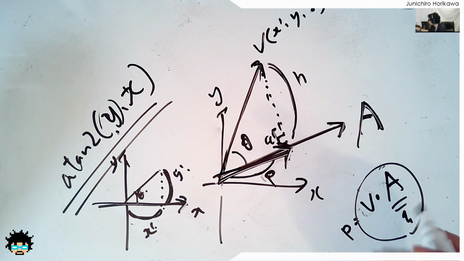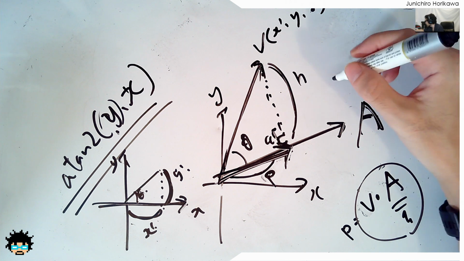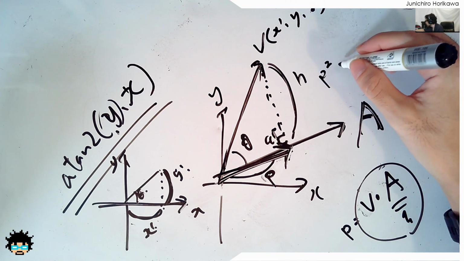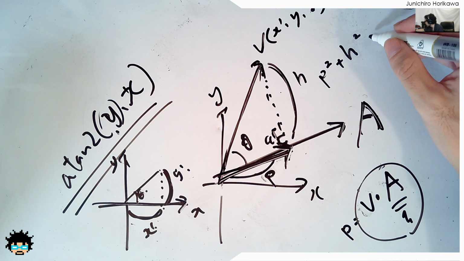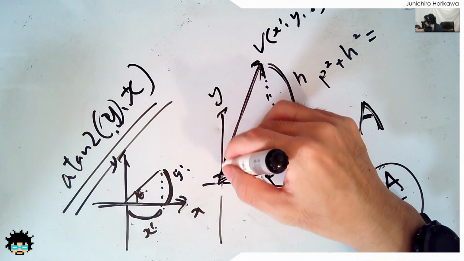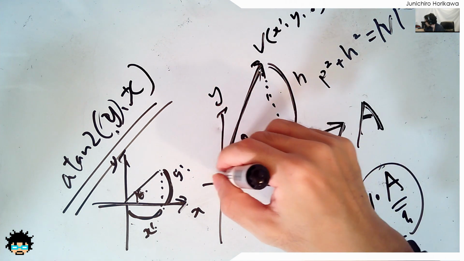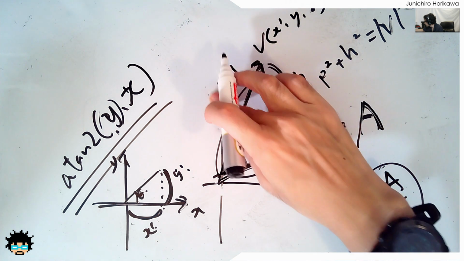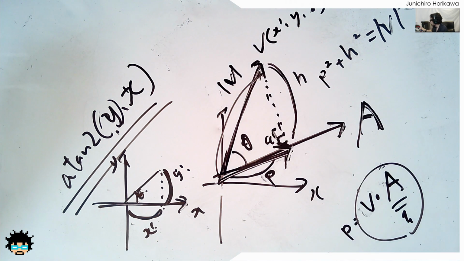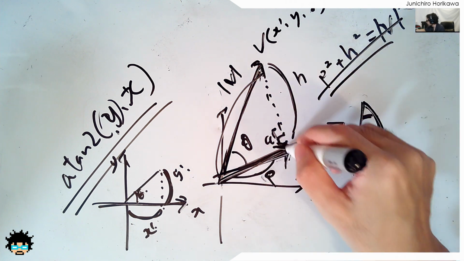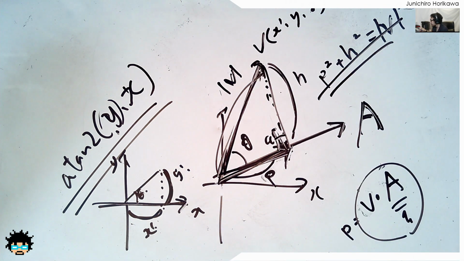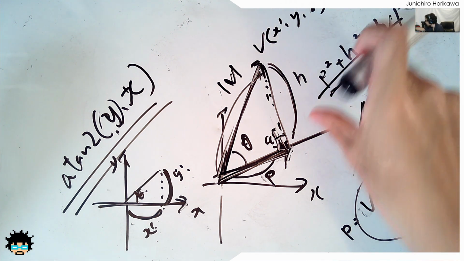which can be estimated by calculating P to the power of 2 plus H to the power of 2, which equals the length of B multiplied by the same value, so the power of 2. So if we are looking at a triangle with one of the angles being 90 degrees, then this kind of equation can be used.